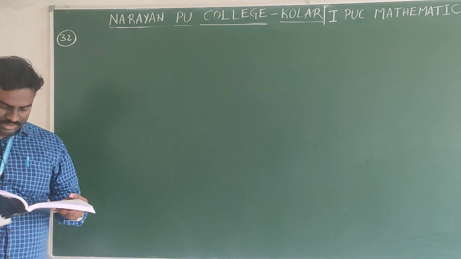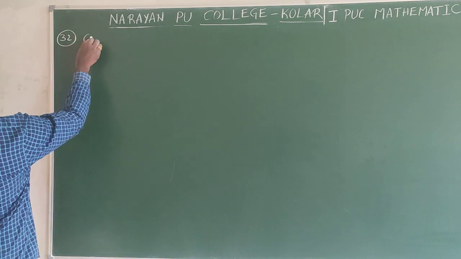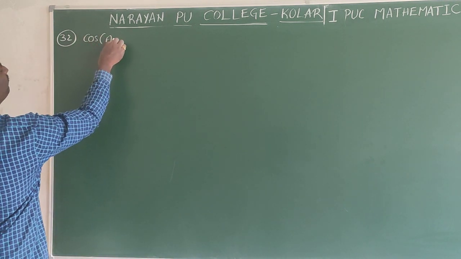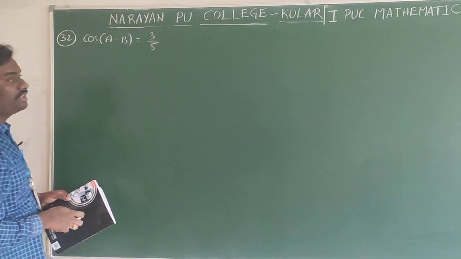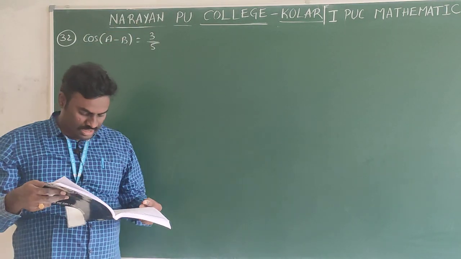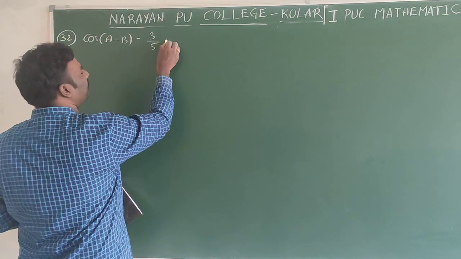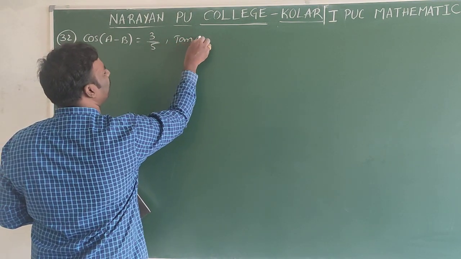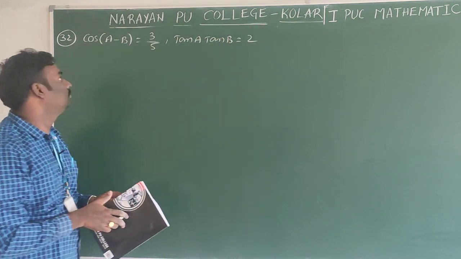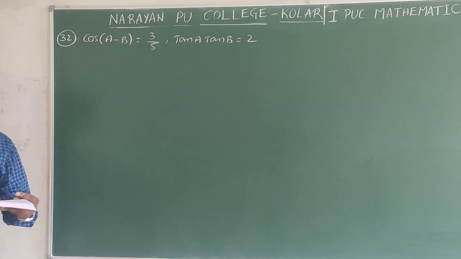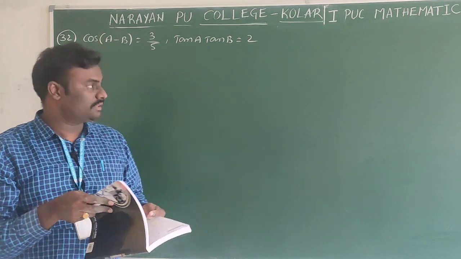So they have given cos of a minus b is equal to 3 by 5, and they have given tan a tan b is 2, both are given. Then we need to find which of the following options is correct.